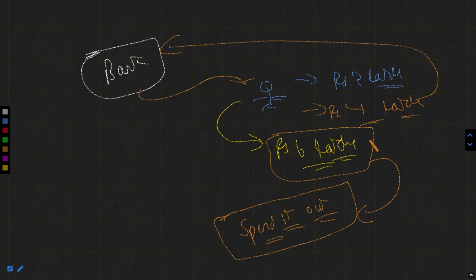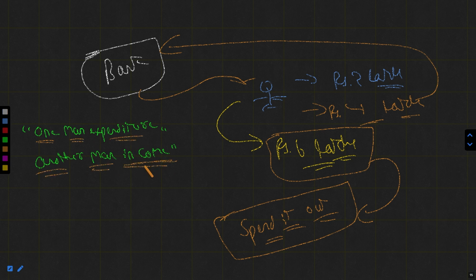So what was the golden dialogue we learned in the previous lecture? That one man's expenditure is another man's income. That's what we have learned.